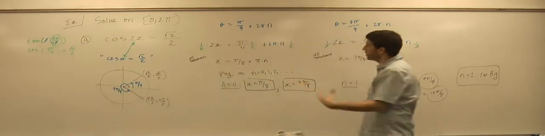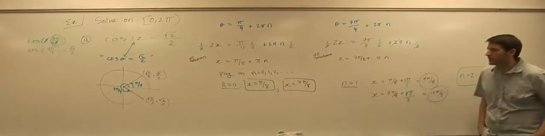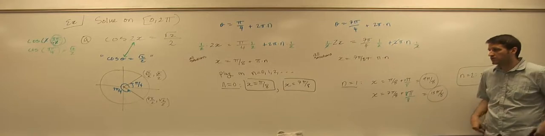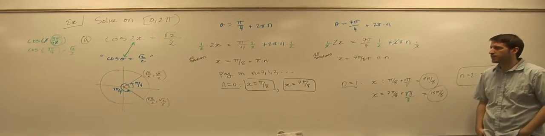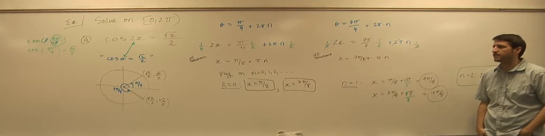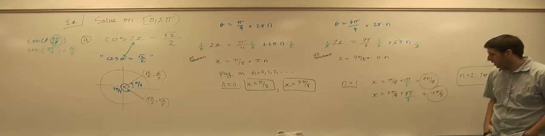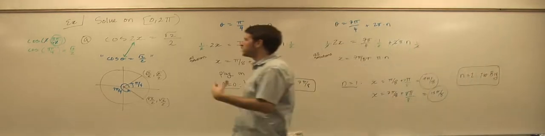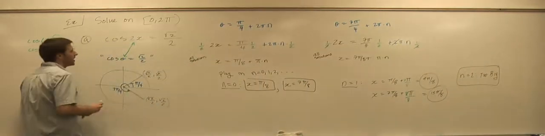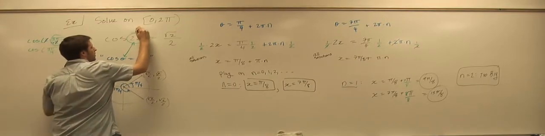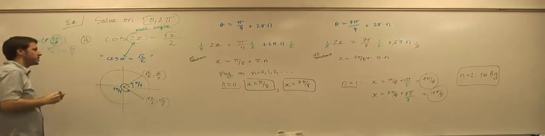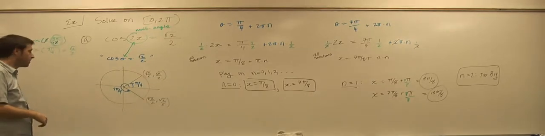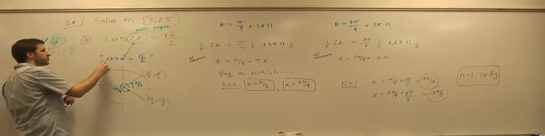Now, there's a couple other ways to look at this, a couple other ways to do it. This is a procedure that will always work, even though it's a little tedious. So this is what I'll do. But if you're ingenious and you discover another method that always works for you, that's fine. Kind of the strategy here: what I will always do when I have a multiple angle is I'll first find all solutions to this related equation.